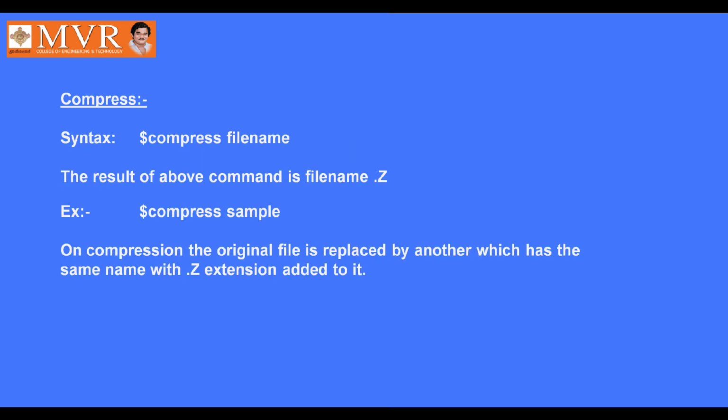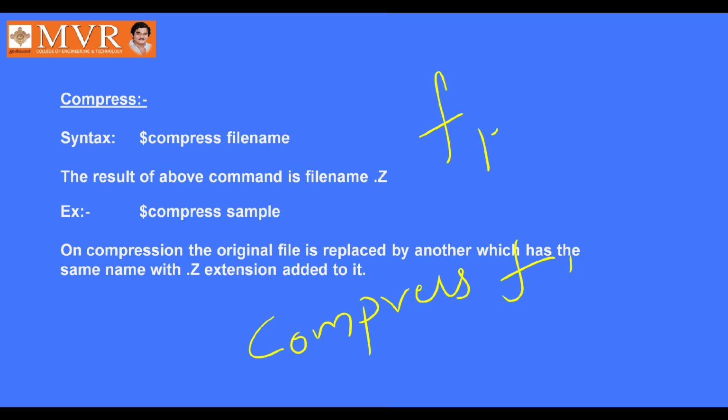The syntax will be compress followed by file name. So for example, when you type compress f1, the f1 file will be compressed. That means a new file with the .z extension will be stored in your directory.